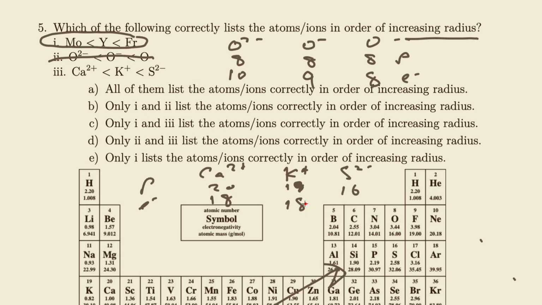And then the sulfur would also have 18. And so it's isoelectronic, same number of electrons. The more protons lead to a stronger attraction, which leads to smaller. So the calcium 2 plus should be the smallest of these, and the sulfur 2 minus should be the largest. And so the answer would be C, 1 and 3.